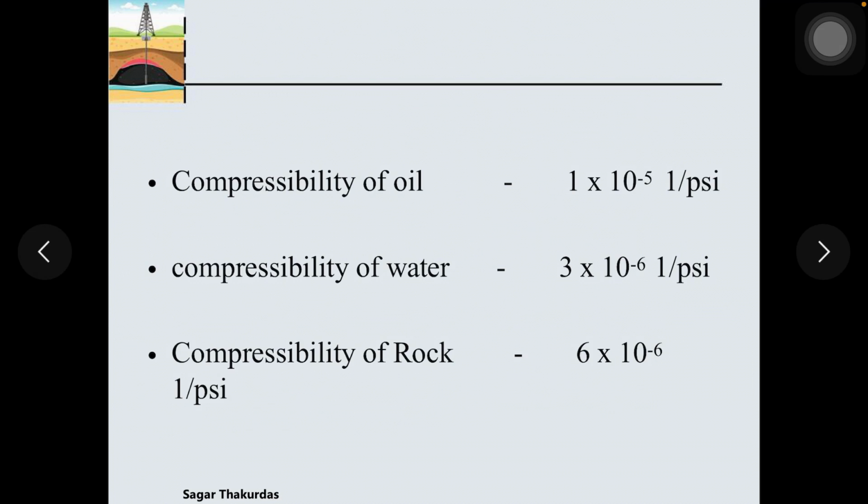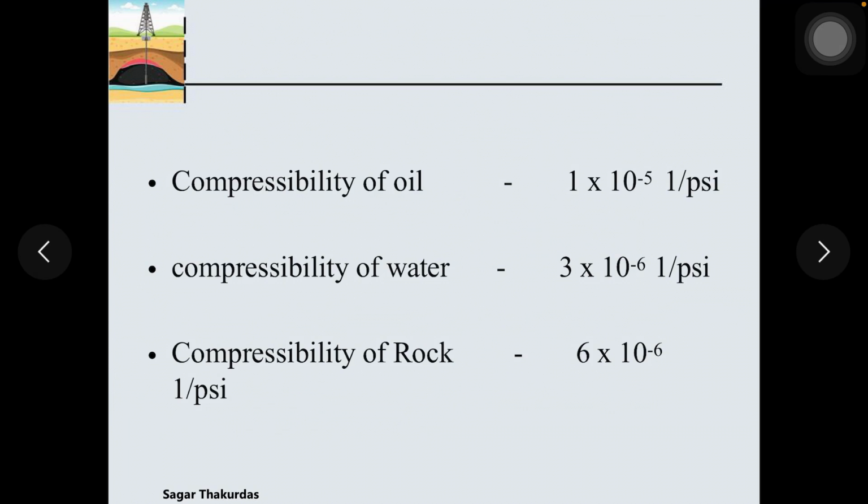So if you compare the compressibility of the three important factors here, that is compressibility of oil, compressibility of water, and compressibility of rock, you can clearly see the difference. The compressibility of oil is maximum here in comparison to water and rock, and obviously the compressibility of gas is maximum.